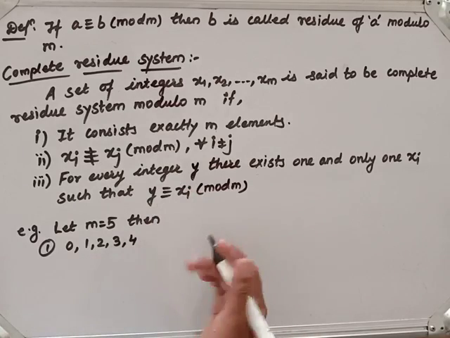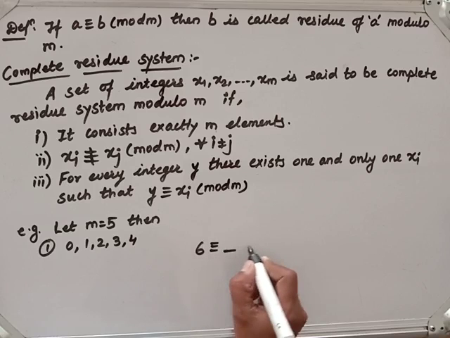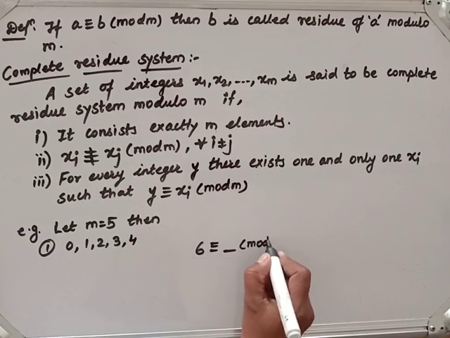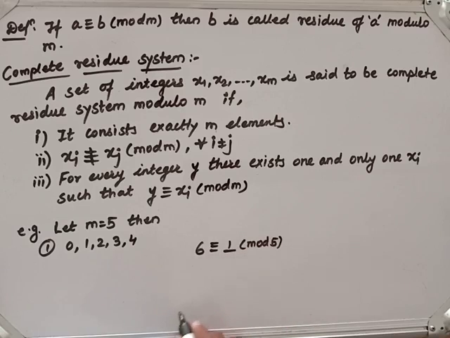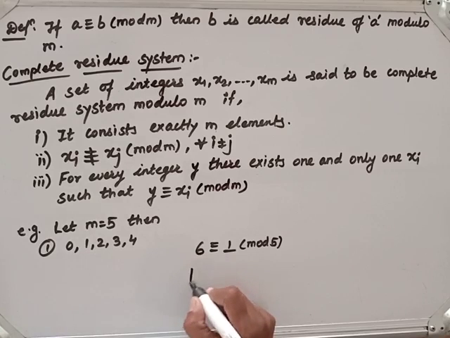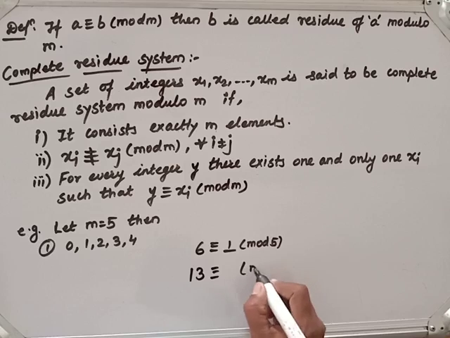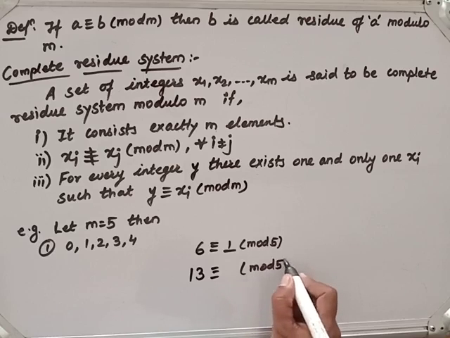Now I will take some other integer, suppose 6, modulo 5. So 6 is congruent to 1 modulo 5, as the remainder will be 1. Is 1 in this set? Yes, 1 is there. Now if I take 13, then 13 is congruent to 3 modulo 5.